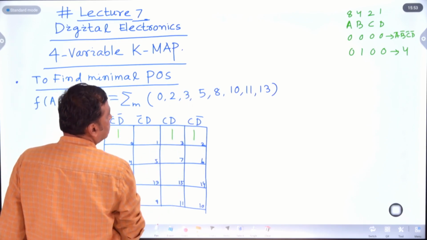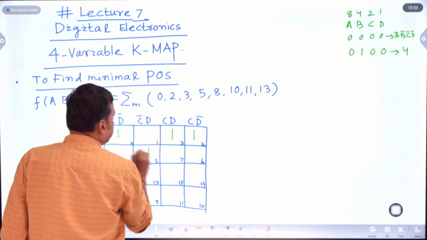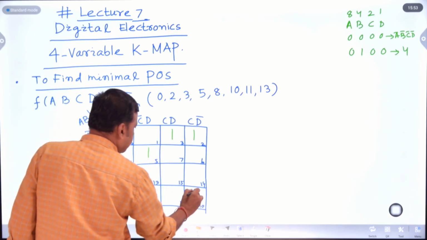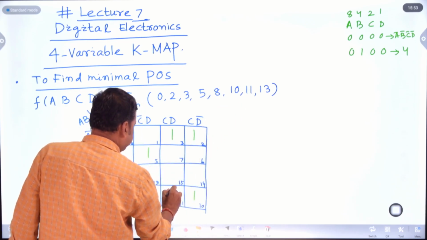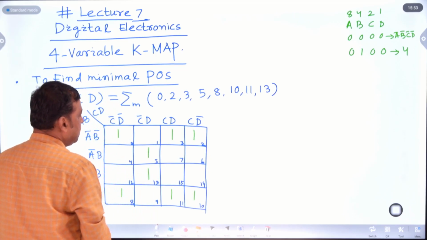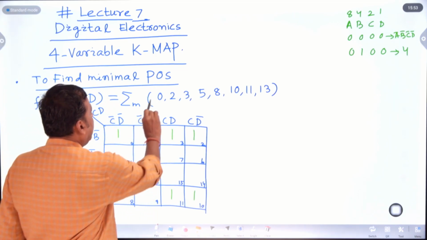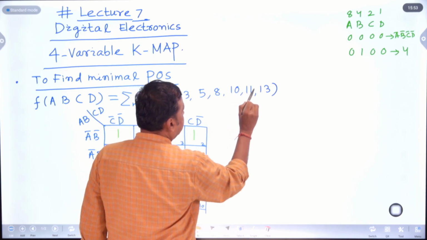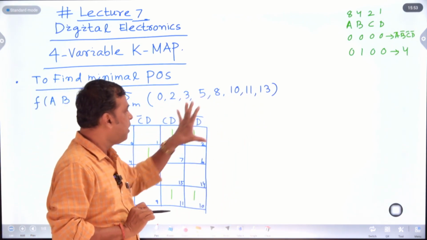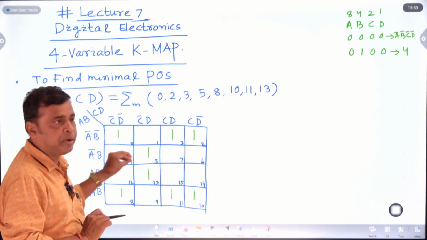Then 5, then 8, this is your 8. Then 10, then 11, then 13. So 1, 2, 3, 4, 5, 6, 7, 8. You have to make sure all the min terms are perfectly placed in the respective squares.